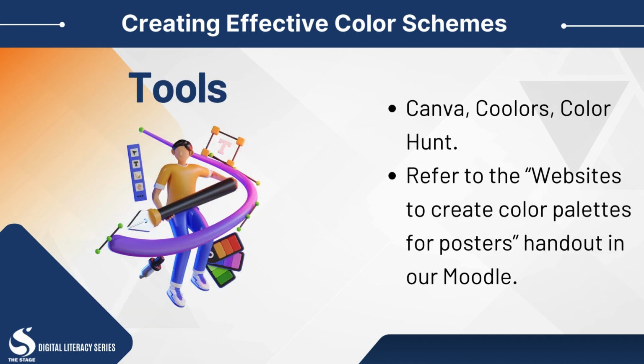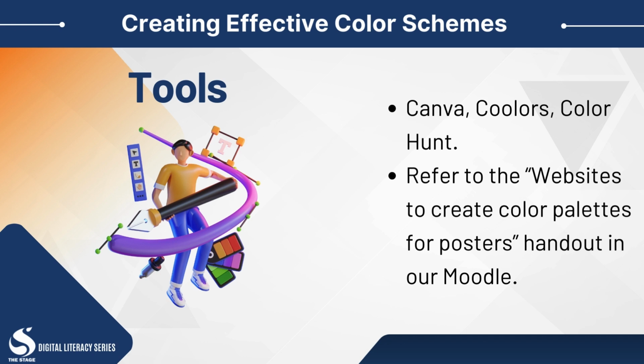Now, there are a number of tools that you can use to create color schemes. I do have a cheat sheet that will be available in our Moodle that covers these and has the links for you to use. This has saved me a considerable amount of time, because it can be very time consuming to generate really good color schemes.